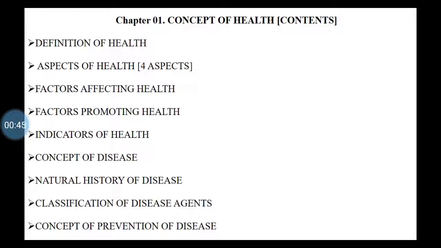So these are the contents, and the last part of the chapter is concept of prevention of diseases. That we are going to cover today, and with that, the first chapter will get over.